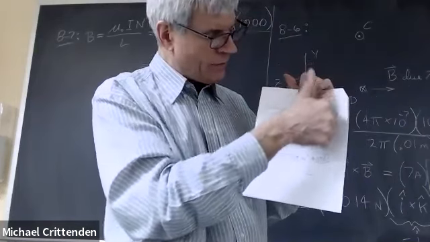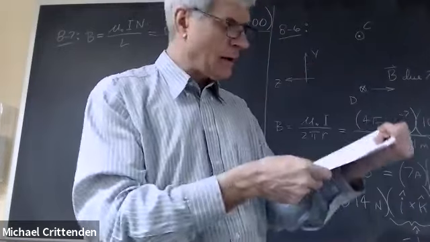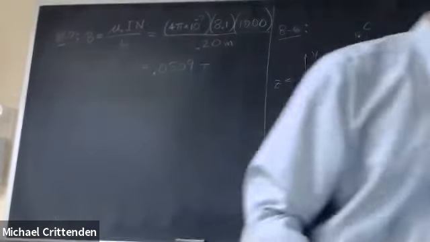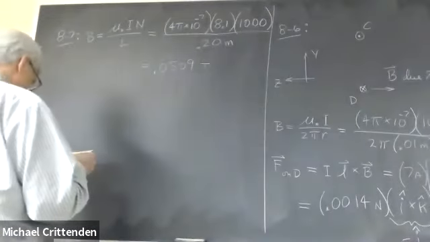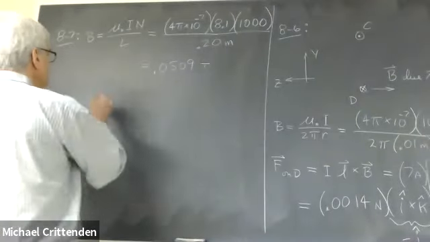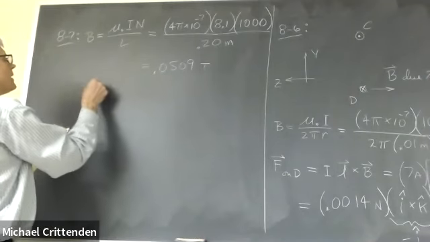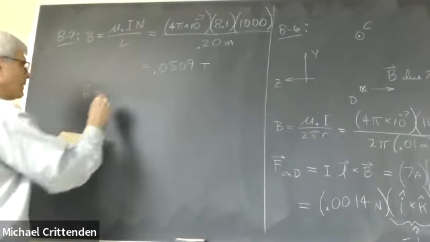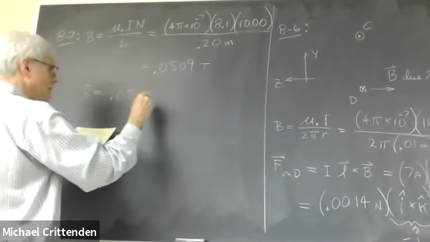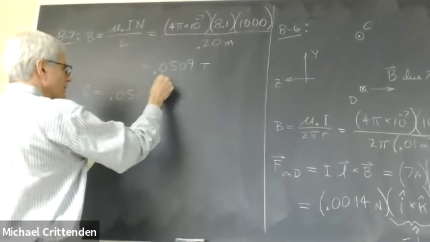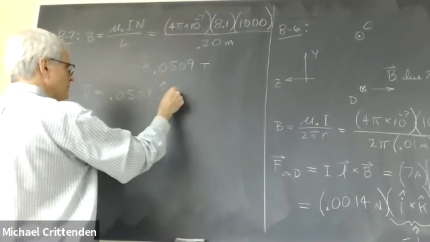Looks like my thumb is pointing in the positive y direction. And so the B vector is B with the arrow over the top this time, 0.0509 j Teslas.